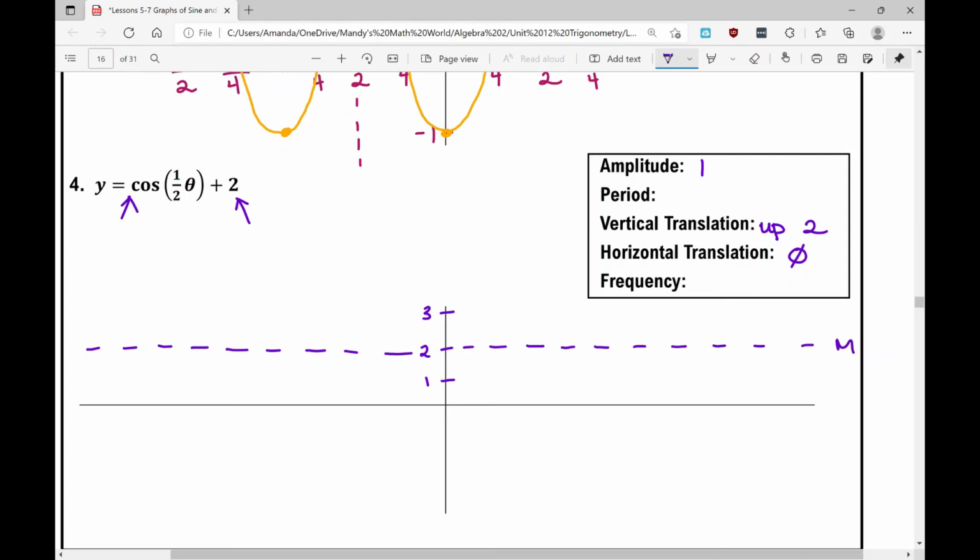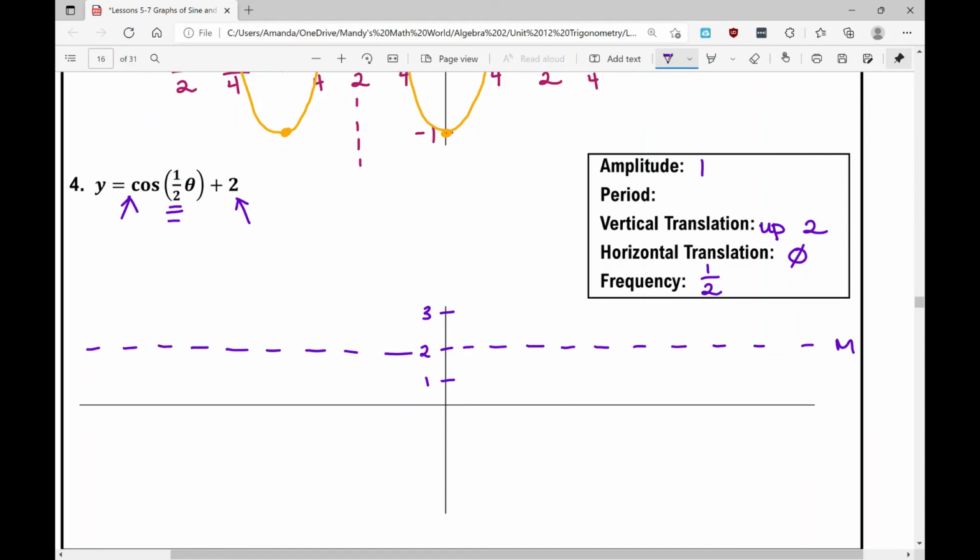Now let's talk about the frequency and the period. The frequency is the value of b. The value of b is 1/2, so the frequency is 1/2. What does that mean? In the interval of 2 pi, or 360 degrees, only half of this cycle is going to make it within that 360 degrees.